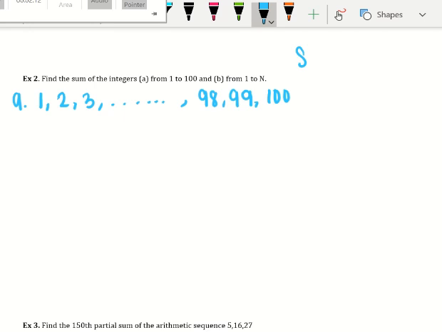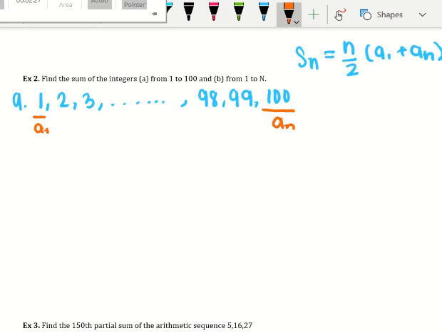And again, we're going to use the formula Sn equals n over 2, a1 plus an. So here's our a1, here's our an, and then how many terms do we have? From 1 to 100, there's 100 numbers. So n equals 100.